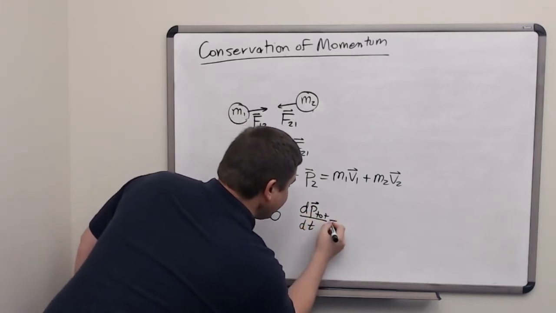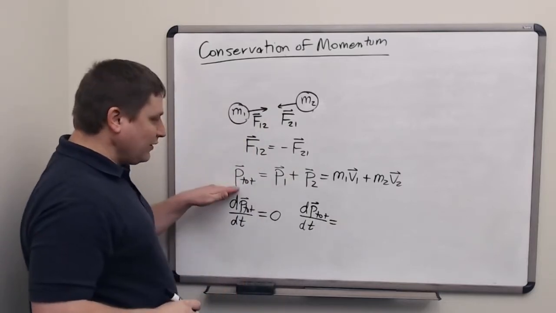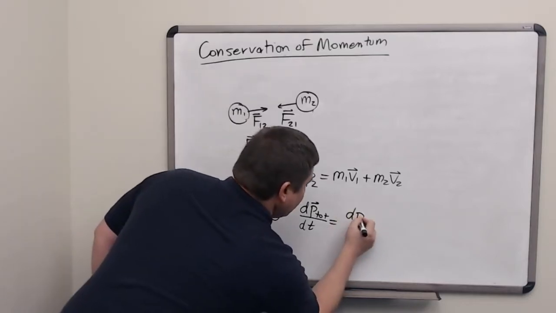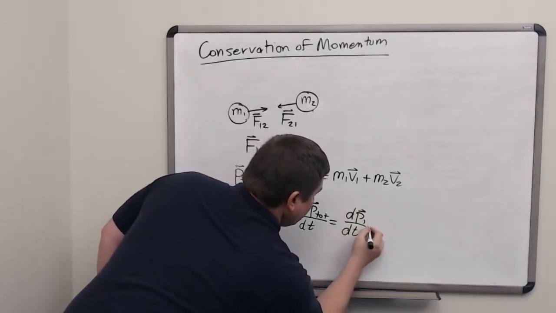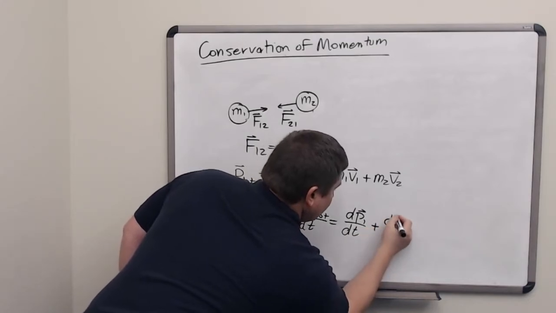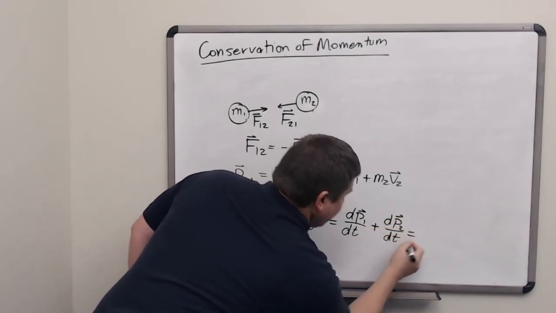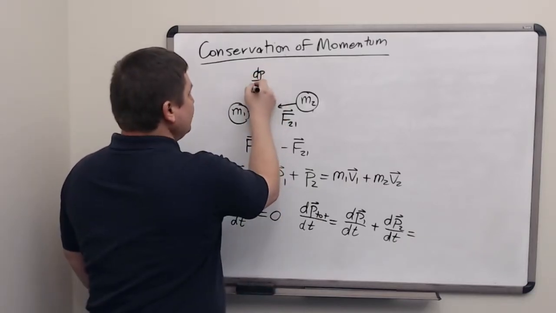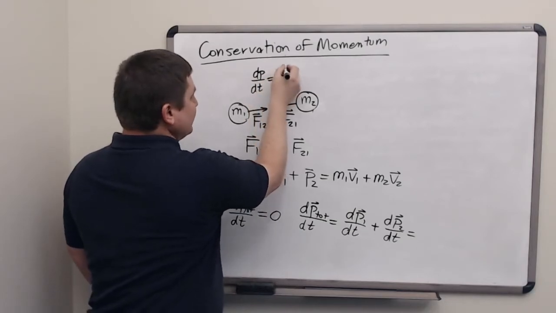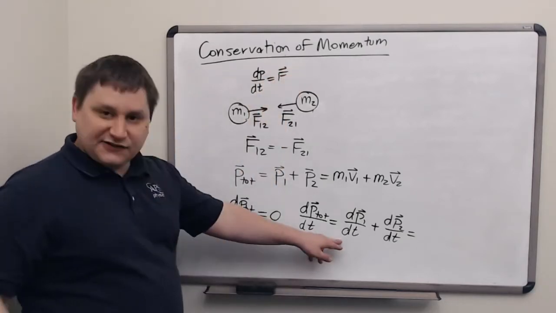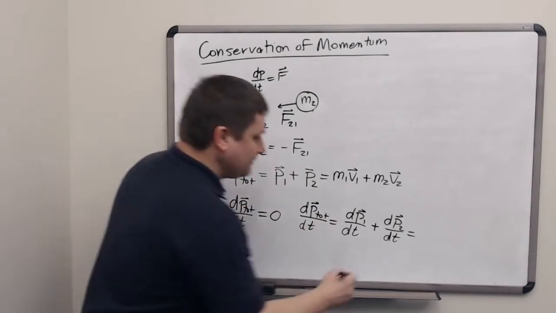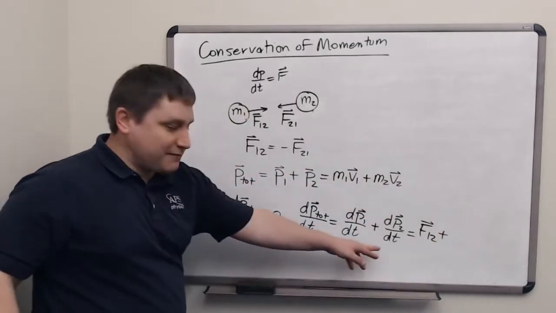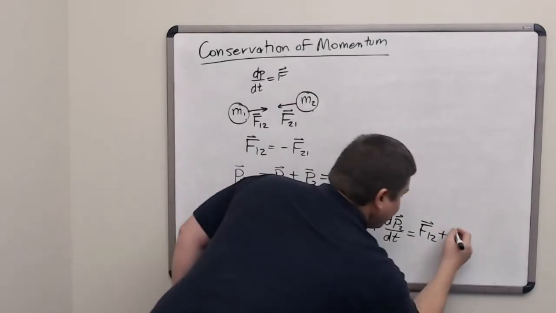It's actually quite quick. The derivative of the total momentum is clearly equal to the derivative of P1 plus the derivative of P2. And because of Newton's second law, remember dp/dt equals F in general, the rate of change of momentum 1 is equal to F12, and the rate of change of P2 is equal to F21.